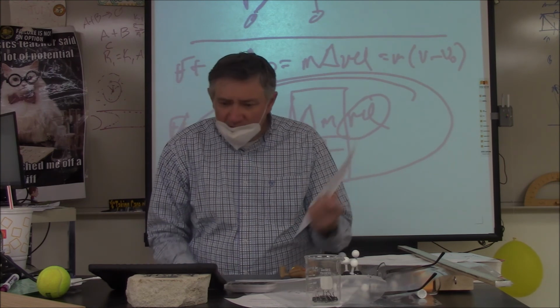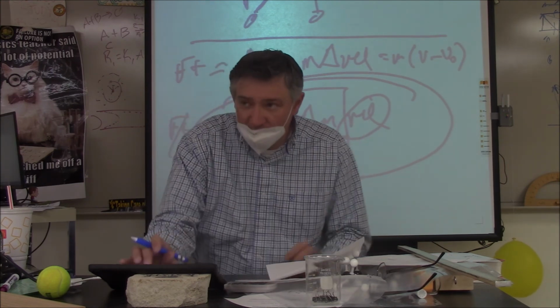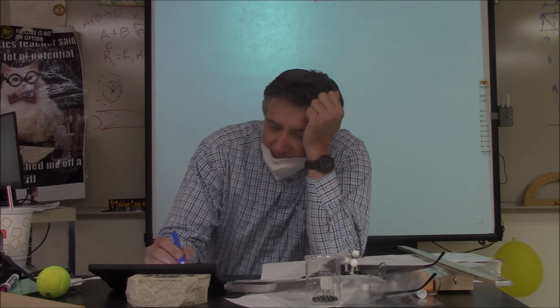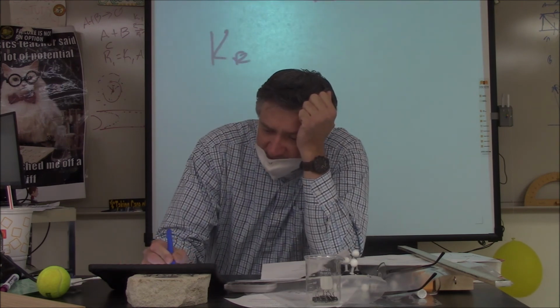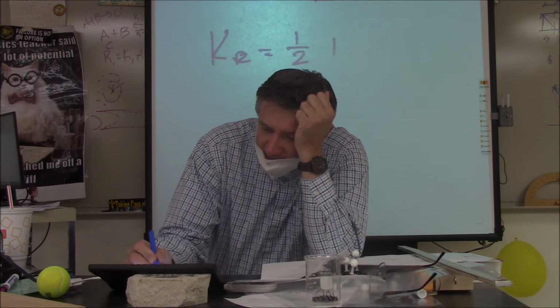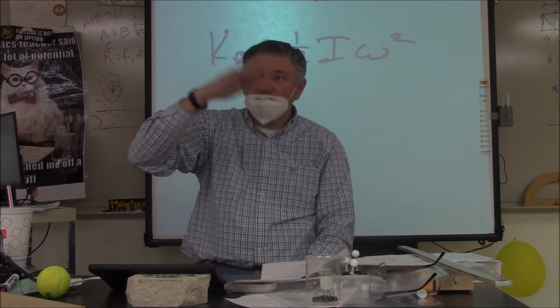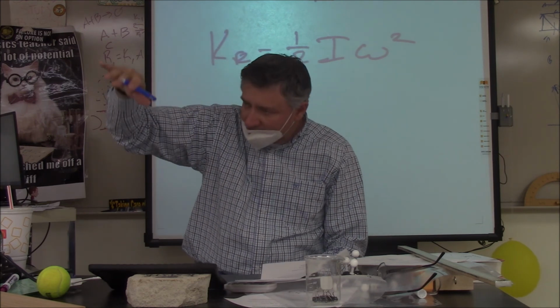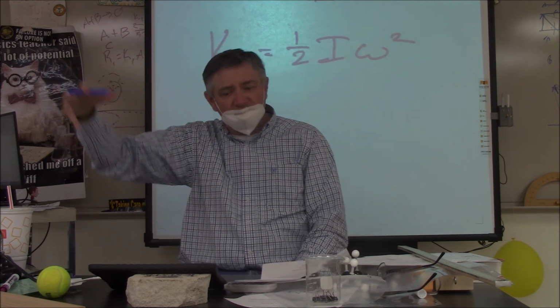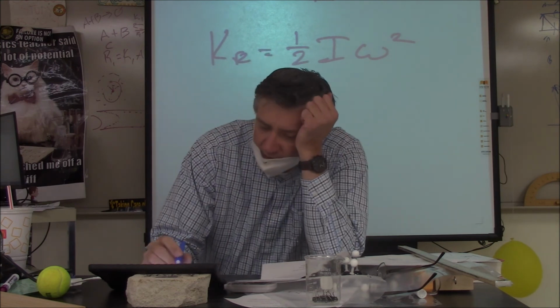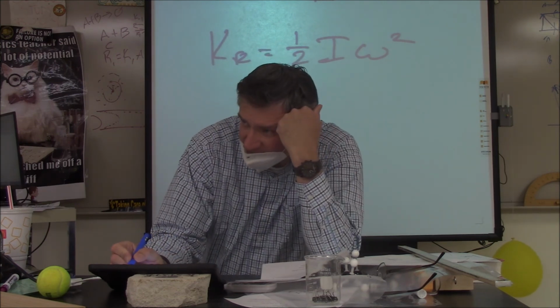Okay. Now, when you look at number four, we're going to be talking about rotational kinetic energy. Now, rotational kinetic energy is 1/2 I omega squared. So number four, I'm trying to get you ready for the final. Number four is going to go old school. So kinetic energy equals 1/2 I omega squared.